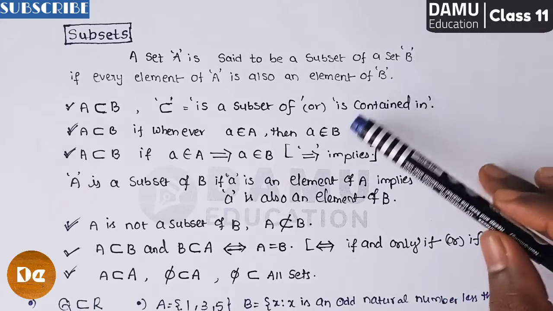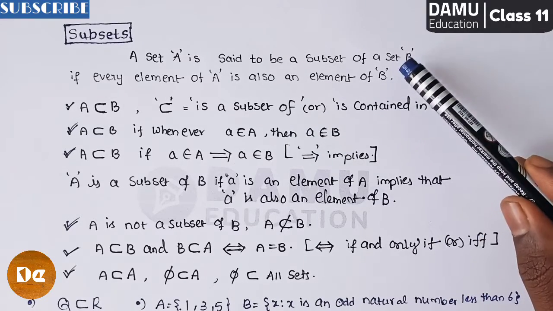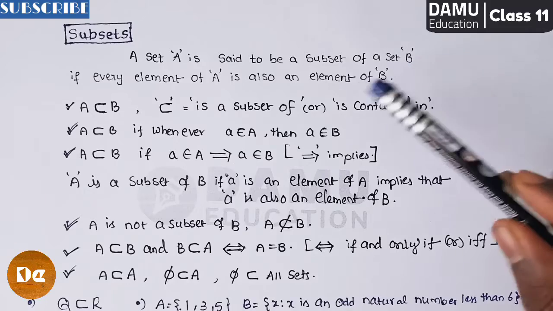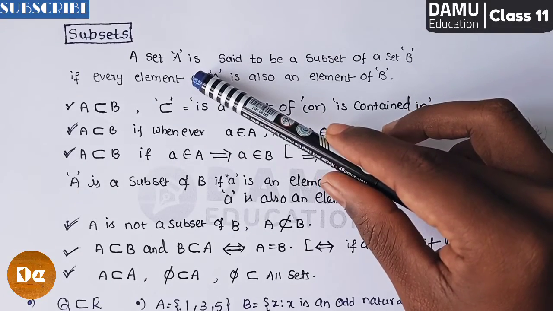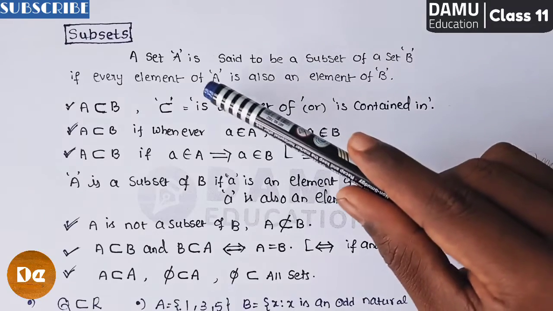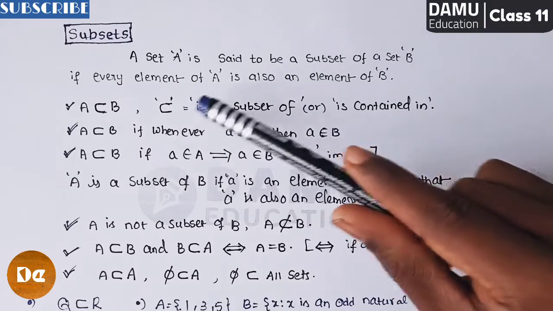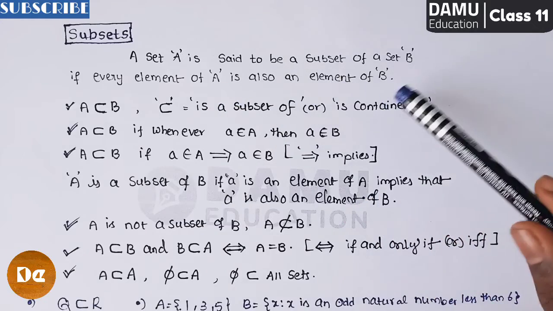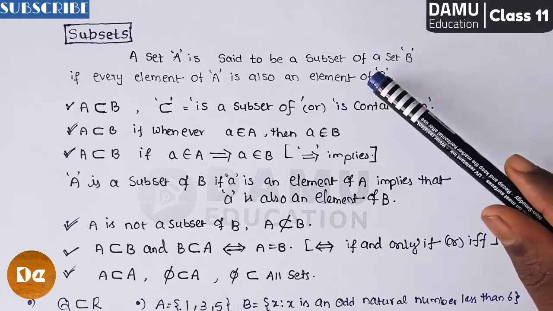All the elements which are present in B should be contained in the A set also. Then only you can say B is a subset of A. So if every element of A is also an element of B, that is the definition of subsets.